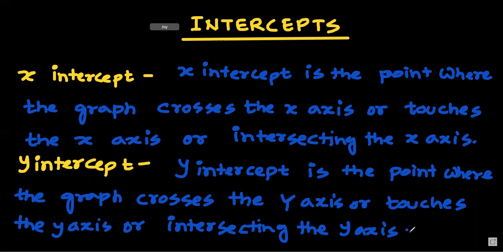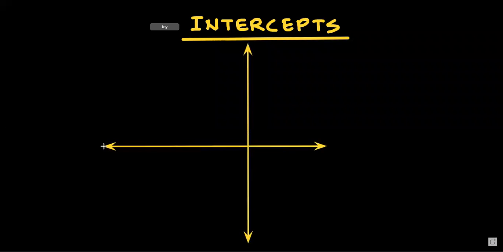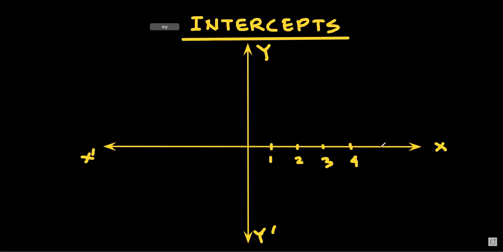Now come to the practical. That's clear, x-intercept and y-intercept. Suppose I'm drawing some curve. This is the coordinate axis, you can see. This is the y-axis, x-axis, negative y, negative x, 1, 2, 3, 4, 5.